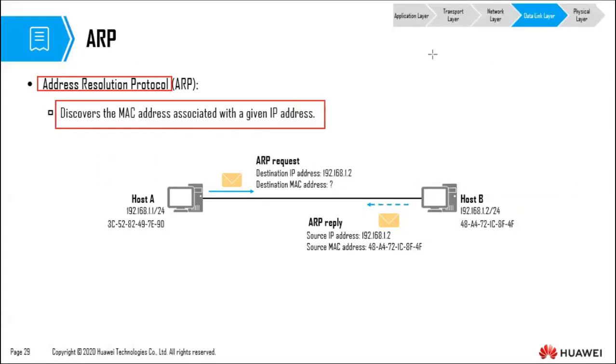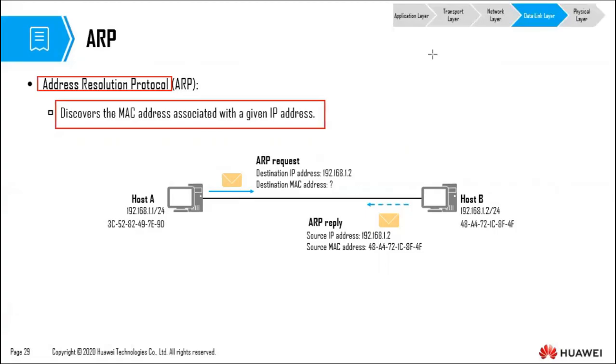We've said for you to communicate in a computer network, you need a physical address and a logical address. Normally, we assign to a device an IP address. But how does it know the physical address of the other device?